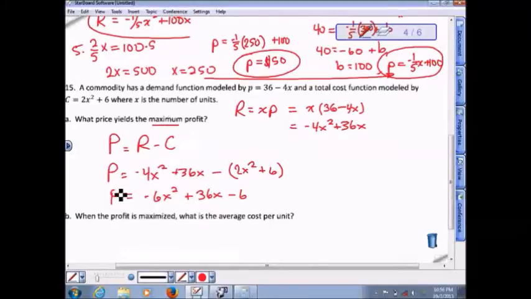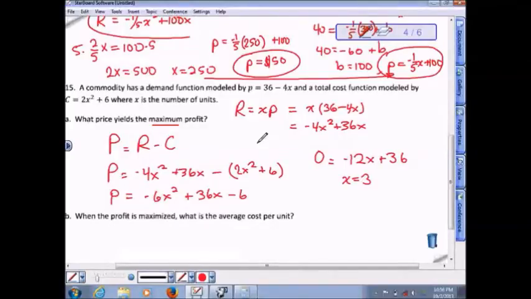Now to maximize profit, we need to take the first derivative of the profit. So it's going to equal negative 12x plus 36, which is going to equal 0. Okay, so that equals 0 when x equals 3.